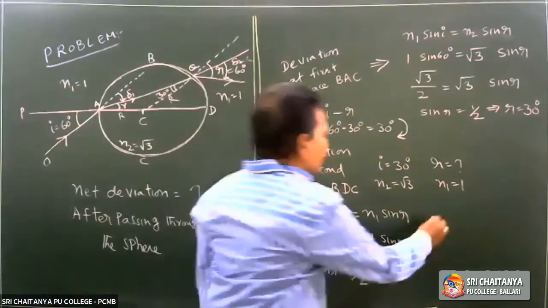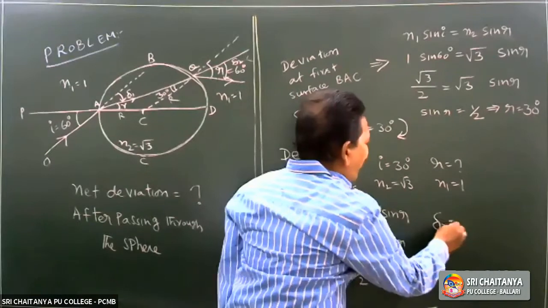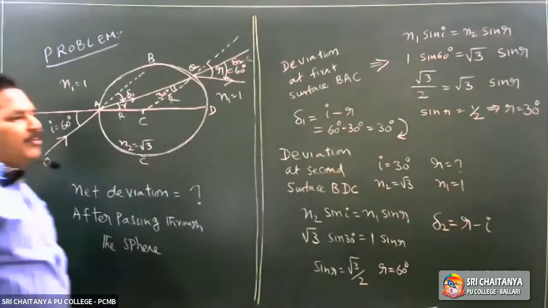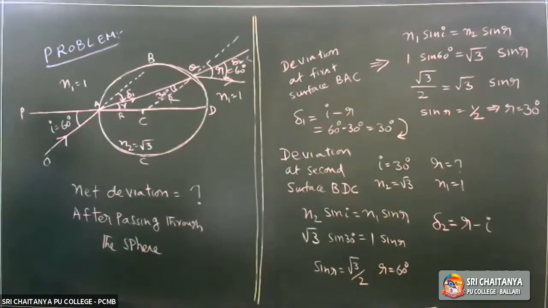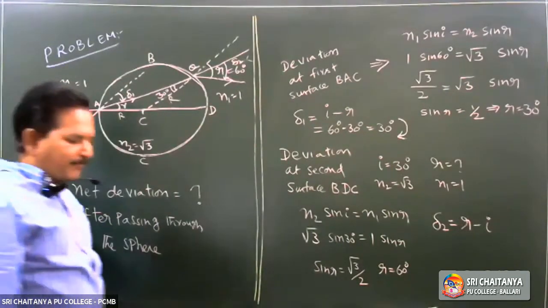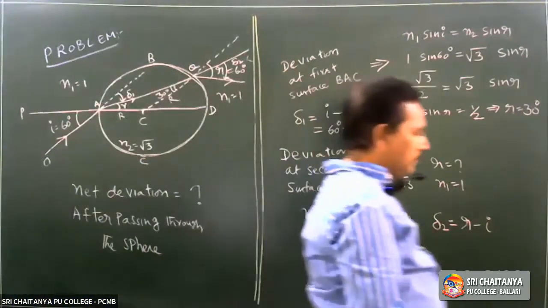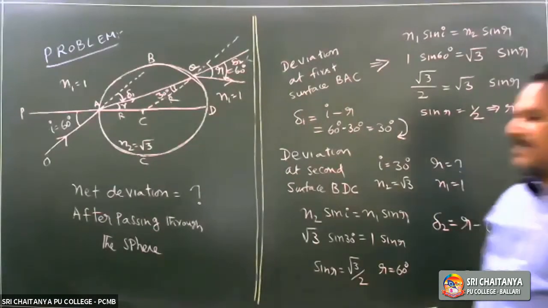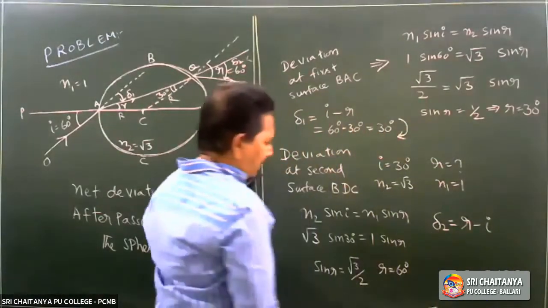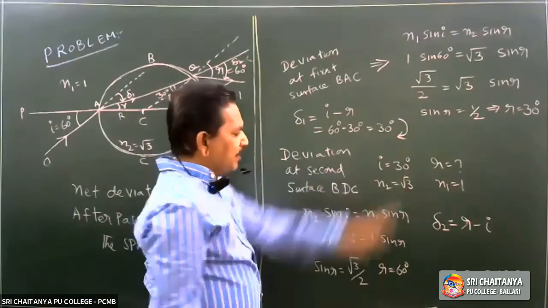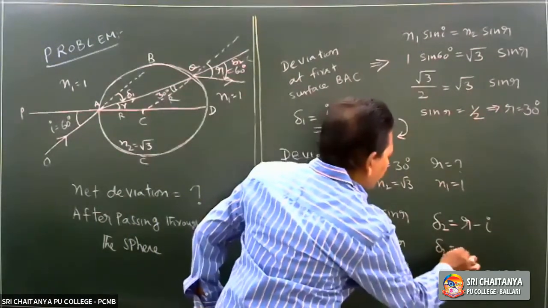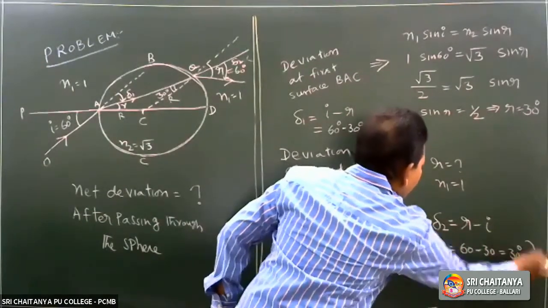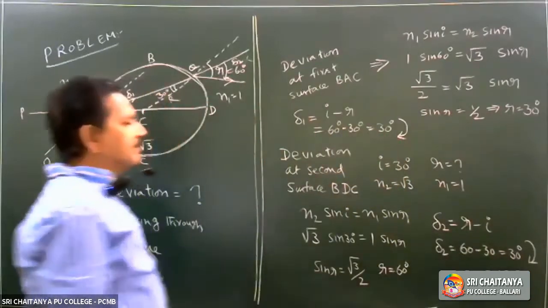Therefore, delta 2 is equal to... Now R value is more, I value is less, because the light ray is traveling from denser medium to rarer medium. So R minus I. What is the R value? R value 60, I value 30. So delta 2 is equal to 60 minus 30, which comes out to be 30 degrees clockwise.